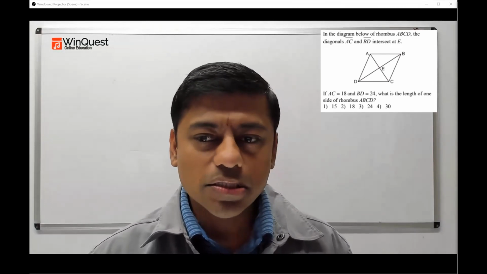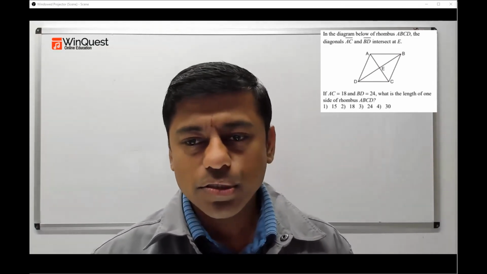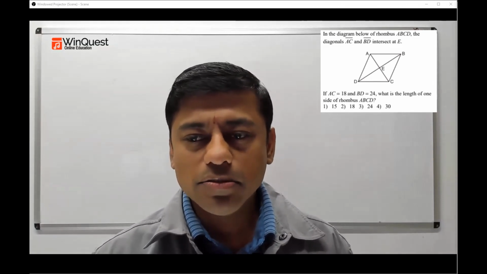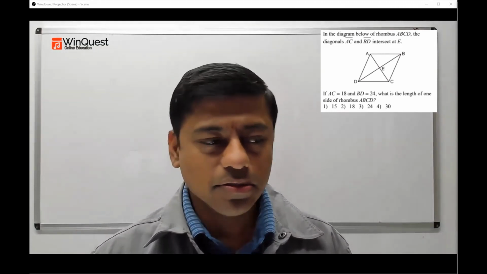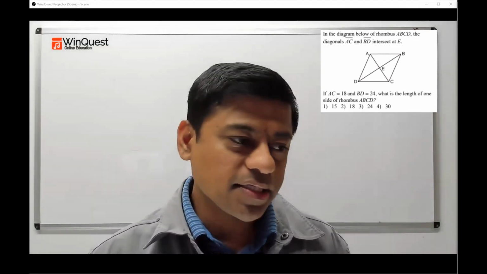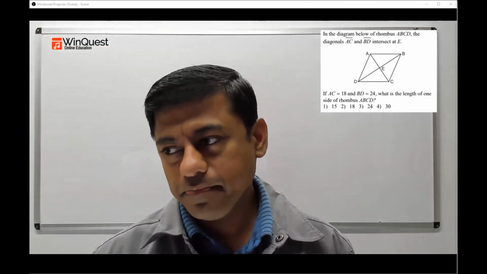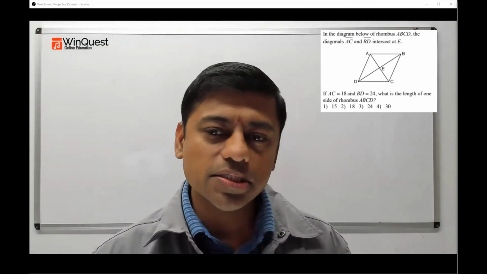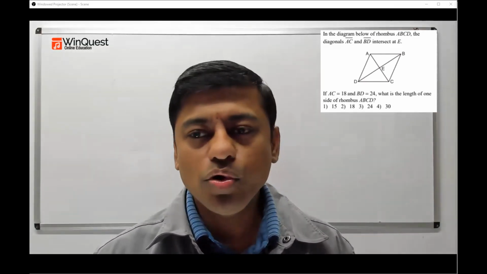So please think about what rule we can apply to get one side of the rhombus ABCD. If you can find one side, the other sides are already available to you because they are all going to be the same. The question is, AC length and BD length have been given. How do you find the side?